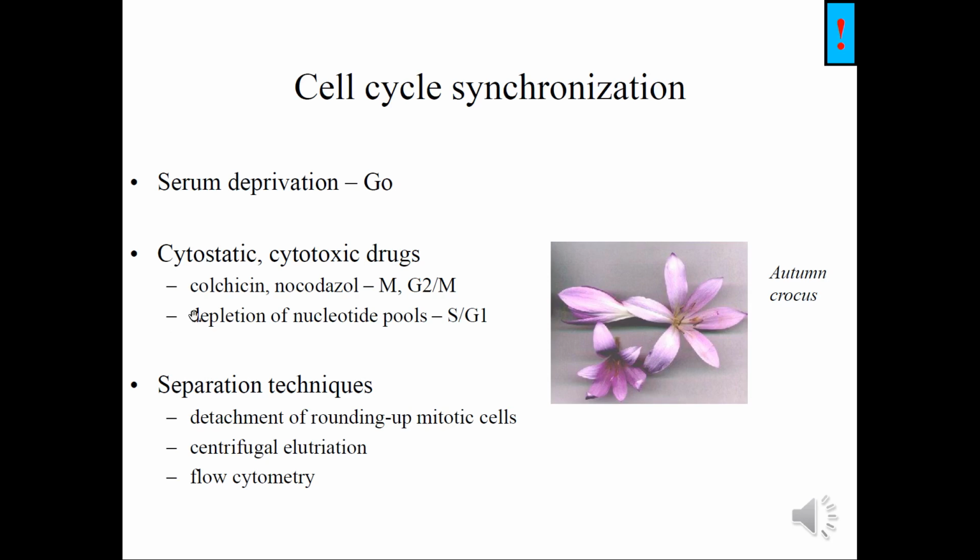Some of these drugs are like these ones. You definitely don't need to remember, like nocodazole, for example. But you should know that if you want to inhibit the progression of a cell to the next phase, you can use some drugs in M phase or in G2 phase or in S phase in order to prohibit that progression. Some other techniques are literal separation, for example, the detachment of the rounding up mitotic cells.